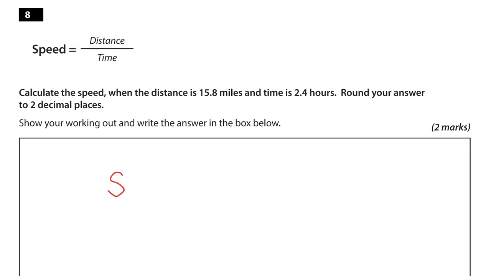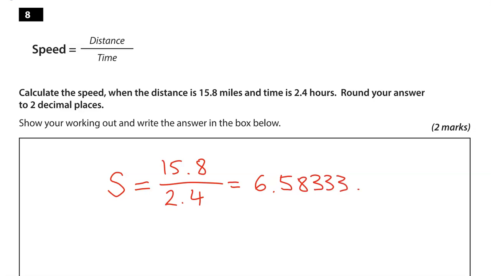So we've got to calculate the speed when we know that the distance is 15.8 miles and the time is 2.4 hours. So 15.8 divided by 2.4 gives us 6.5833, so 3 is recurring.